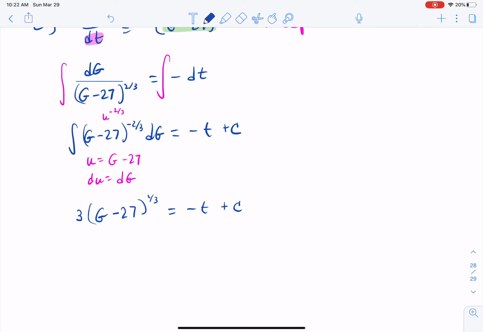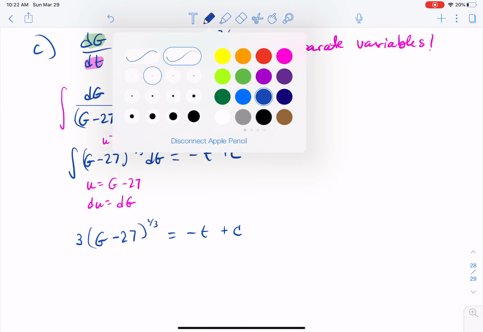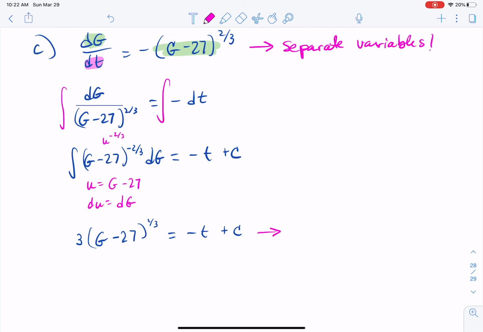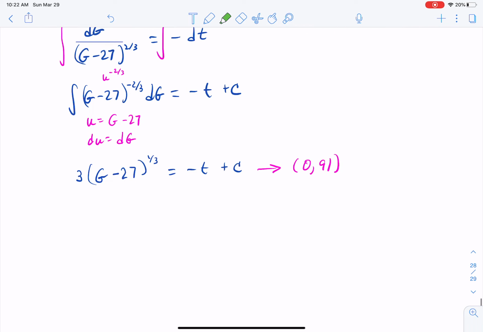Let's stick in our initial condition. The earlier, the better. Our initial condition was 91, just like it was in the previous question, in the previous part. Let's plug it in and simplify.